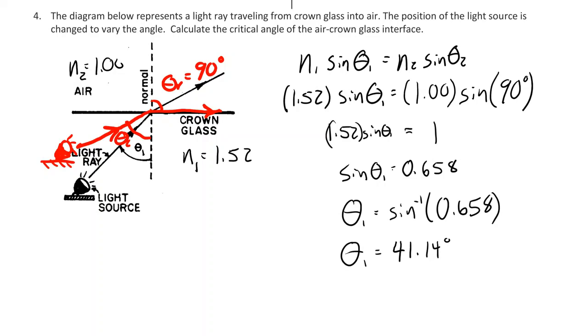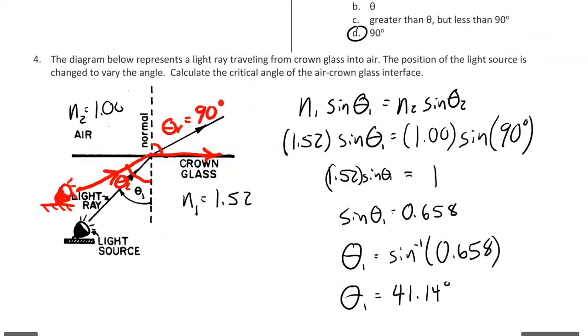So anything greater than that, you'll get total internal reflection. If it's equal to that, you'll get an angle of refraction that's equal to 90 degrees. And if it's less than that, it'll look like what the diagram shows, where there is some refraction happening. And that is it for this homework.